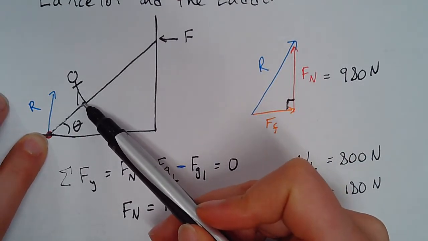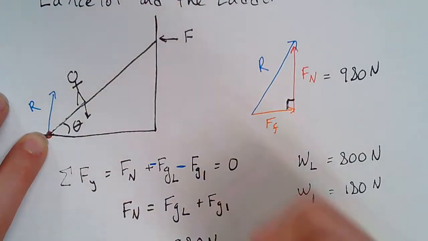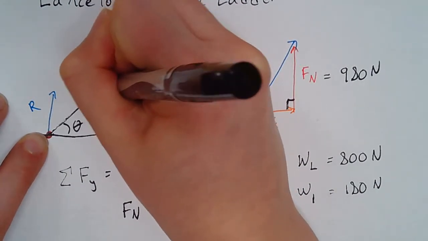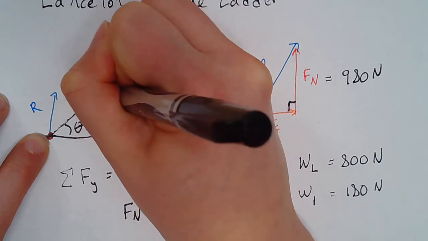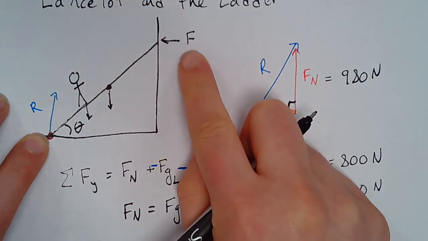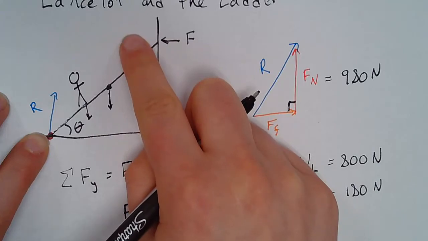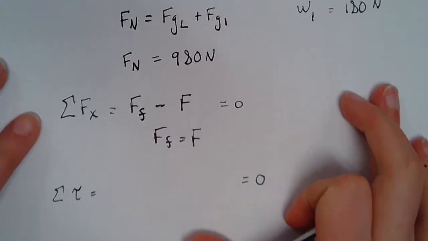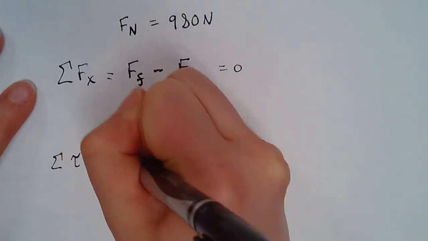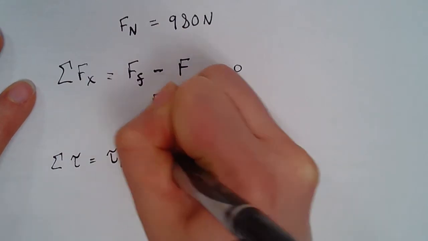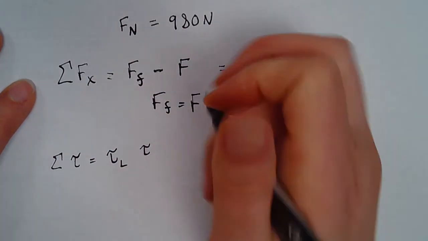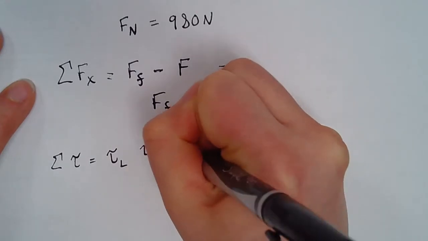Well, his weight is going to cause a torque. The ladder itself is going to cause a torque. And then we've got the force up here, which is going to provide a torque as well.